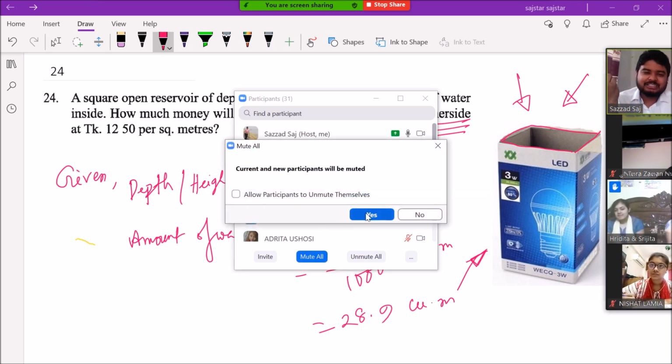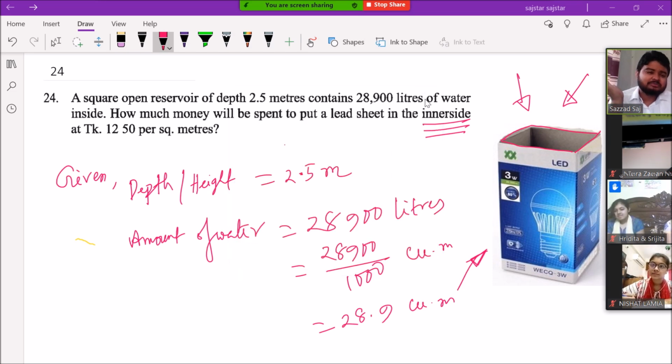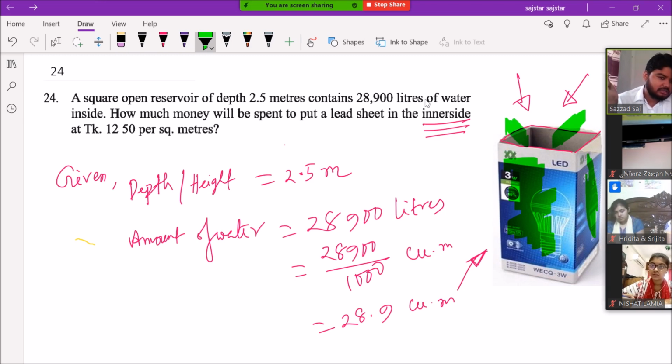Okay, let's see how many are there. Now in the inner side of this reservoir, look at this one. This is a wall, right? This is a wall, and this is another wall. In this side another wall, so 1, 2, then this side 3, and this side 4. So these are 4, and in the bottom of this reservoir, the bottom is not open.